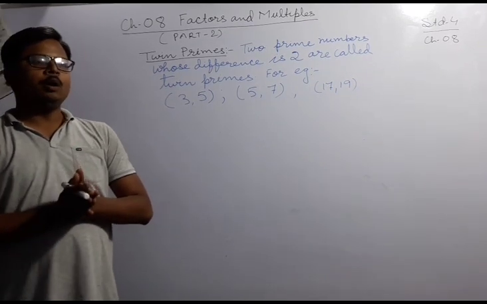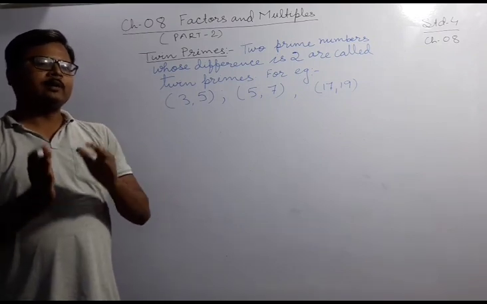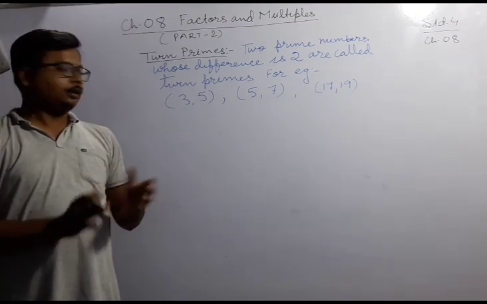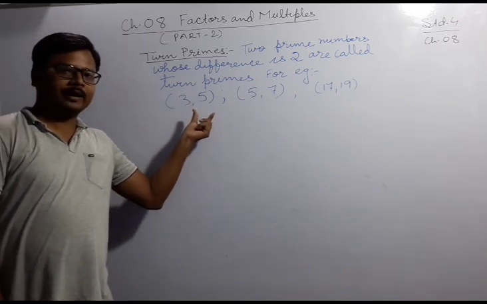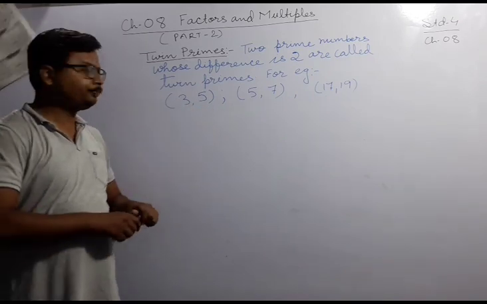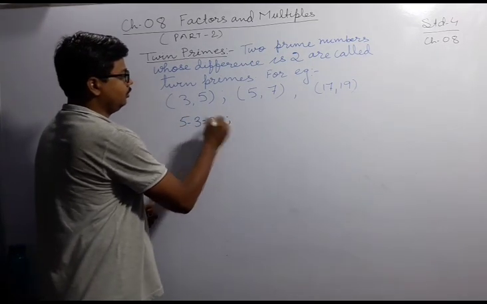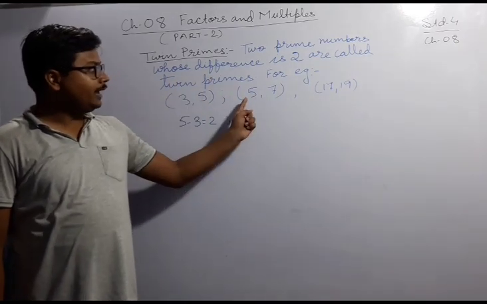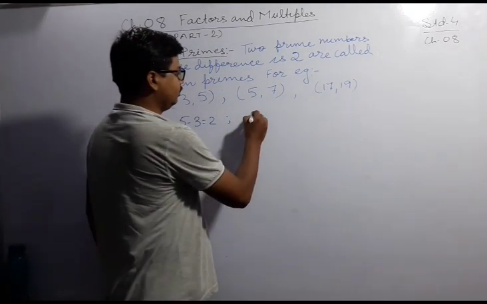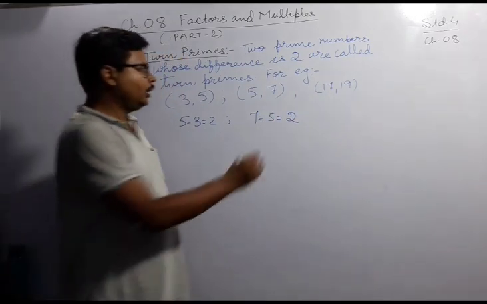Now when we take two prime numbers, and we subtract, like 3 and 5, we subtract 3 from 5, we get the answer 2. Again, when we subtract 5 from 7, we again get the answer 2.